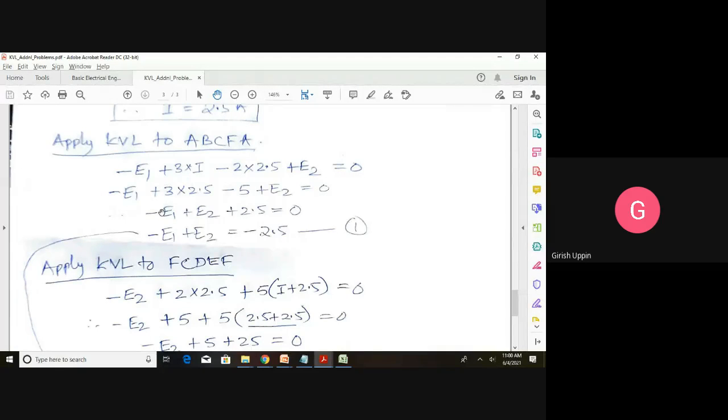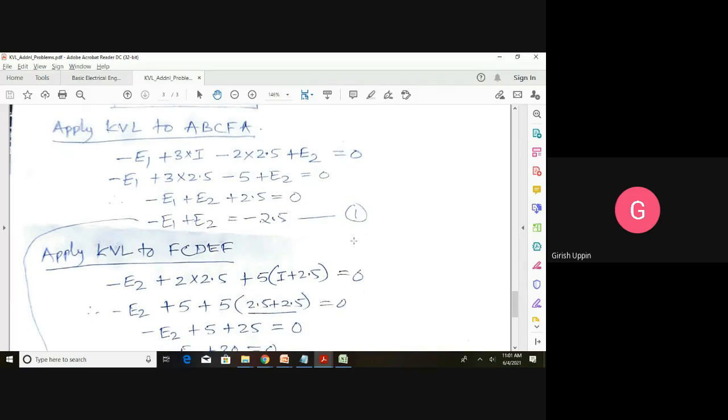We simplify this: minus E1, 3 into I, the value is already known, 2.5, so 3 into 2.5 minus, this is 2 into 2.5 is 5, minus 5 plus E2. Therefore, minus E1 plus E2, this is 7.5 minus 5, that is 2.5 plus 2.5. Therefore, minus E1 plus E2 is equal to minus 2.5. That is the first equation.